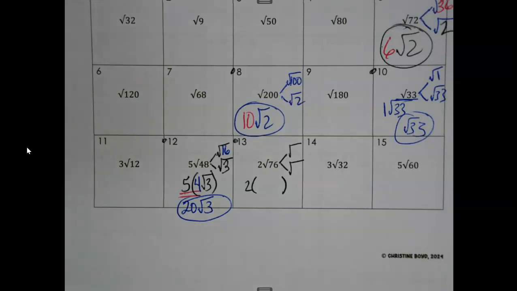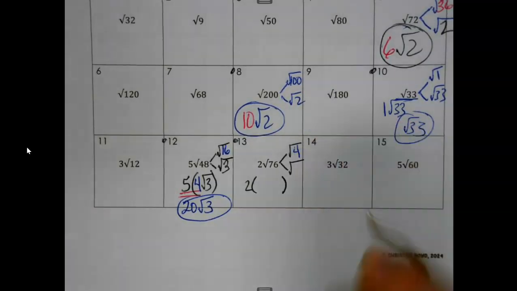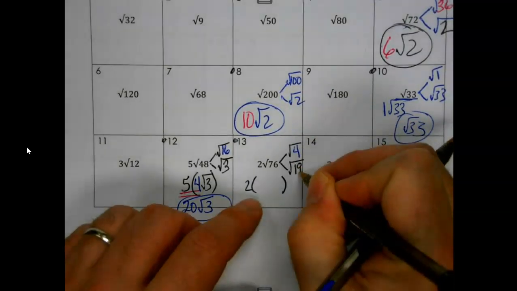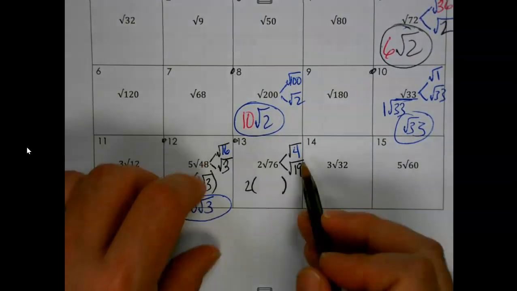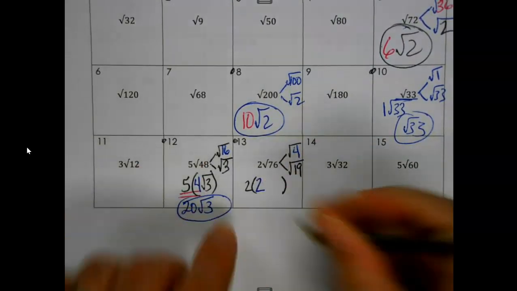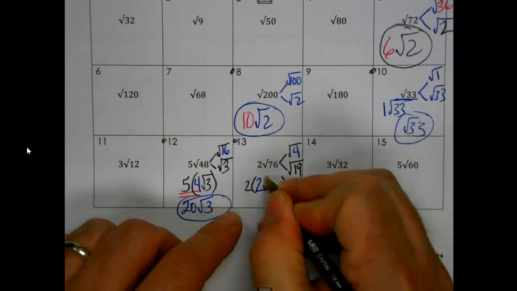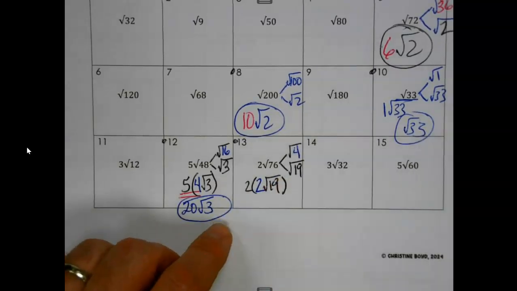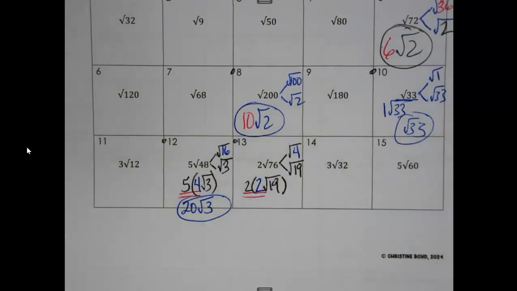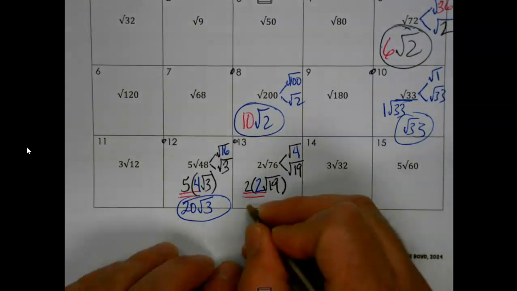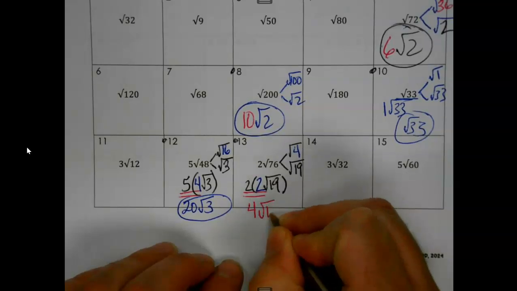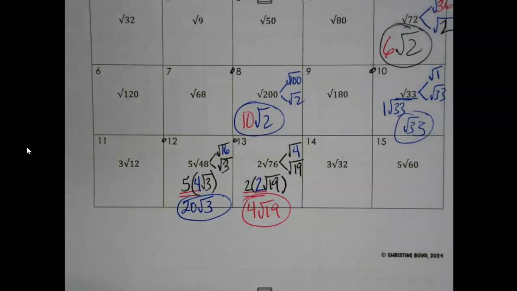This one might take a minute. 4 and 19. We had a couple of you at the same time. 4 and 19. Had to go all the way down to 4. So the square root of 4 is 2. Square root of 19. And again, once we've broken that down, let those coefficients reunite. 4 square root of 19.